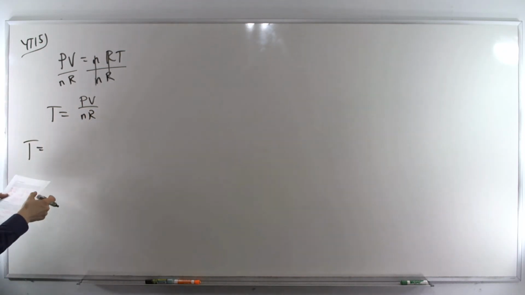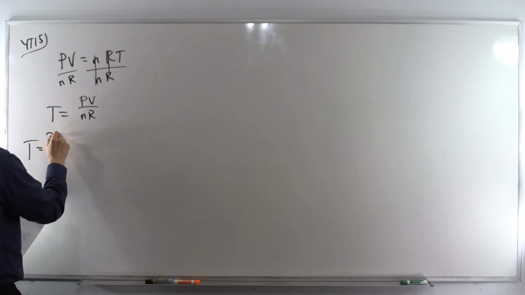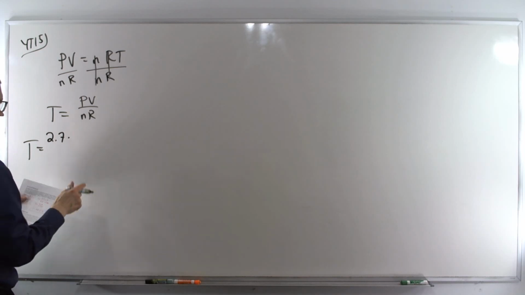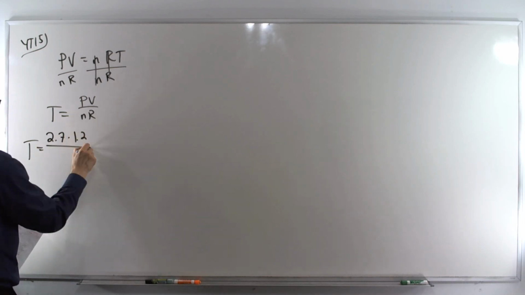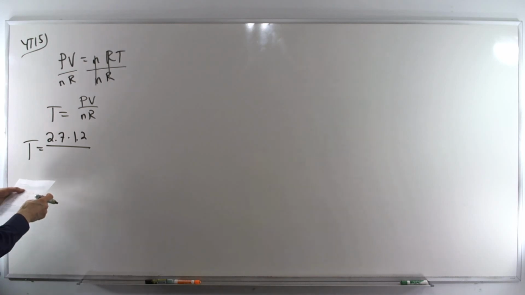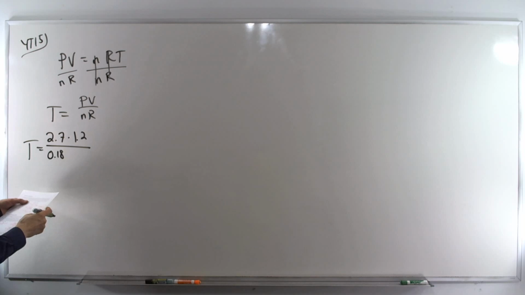Pressure is given as 2.7 atmospheres. The volume, 1.2 liter tank. The number of moles, 0.18 moles of the gas.